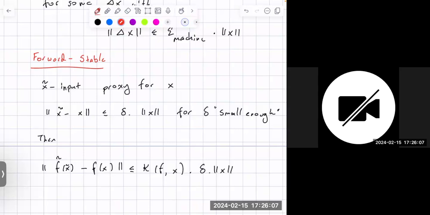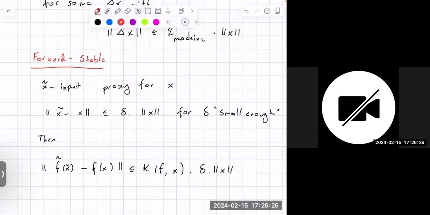This is the assumption. Then you would ask from your algorithm the output it spits out. F tilde means an approximation to the correct solution. F tilde is your algorithm. F is the actual solution map. X is the correct input. X tilde is what your machine is actually having to compute with.